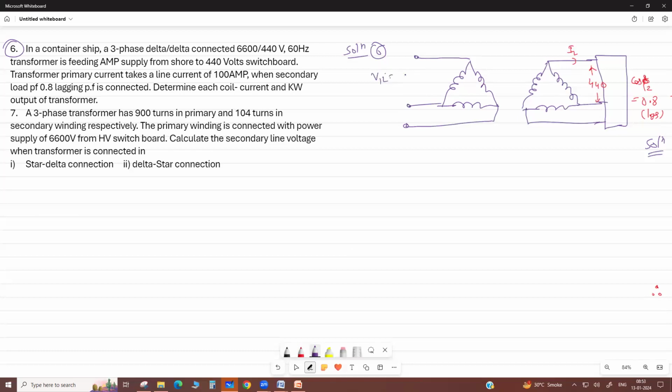Primary line voltage ये है आपका 6600 volt. Then current is also given here, line current. Primary line current है 100 ampere. So here it is current per phase, I1 phase. Here current per phase, I2 phase. This is I2 line current we calculate.